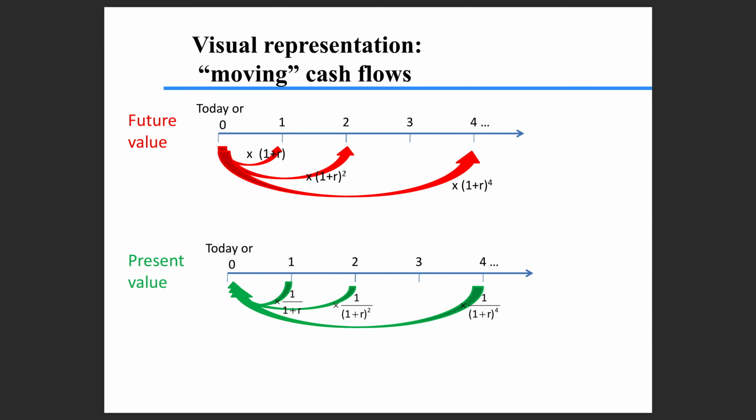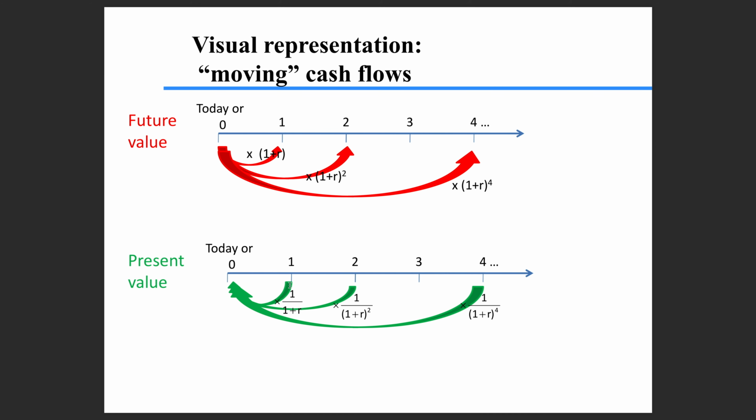For example, to move a cash flow from time 0 to time 2, it is multiplied by 1 plus r to the power 2. To move the same cash flow to time 4, we multiply it by 1 plus r raised to the power 4. Or generally, we will multiply the cash flow by 1 plus r raised to the power t.